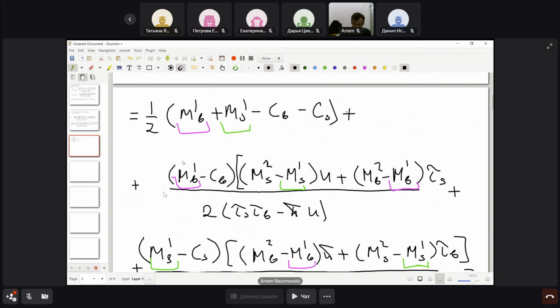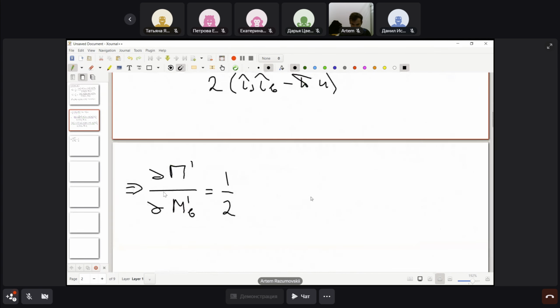Then we have all this term, and it will be the same denominator.